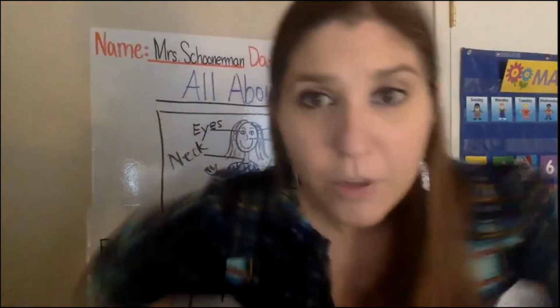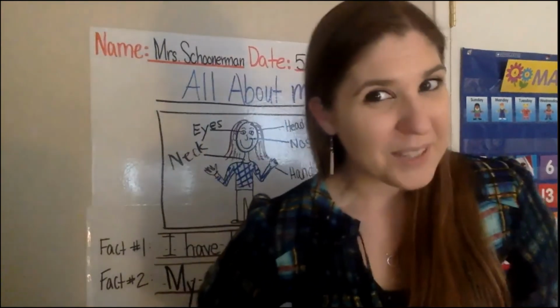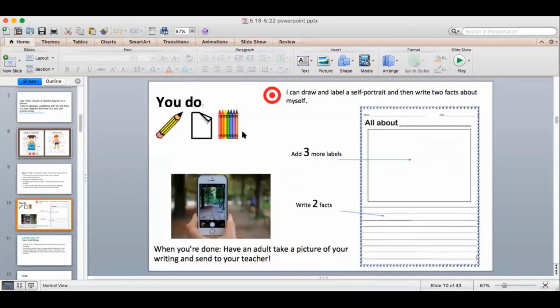So I'm sending you on your way now. It's time. Now you want to go and get your pencil, get your paper, and now you should have some crayons and markers too, because you could add some high quality details to your writing piece. And remember our learning target today. It is, I can draw and label a self-portrait and then write 2 facts about myself.